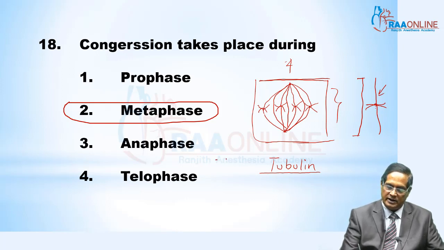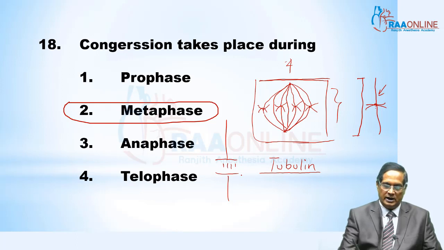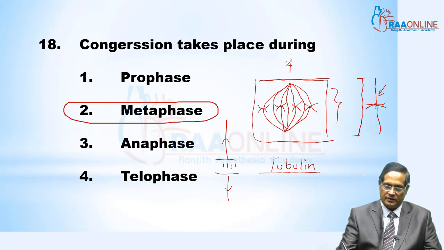And when chromosomes separate in anaphase, some fibers are seen in between the 2 separating chromosomes. They are called interzonal fiber.